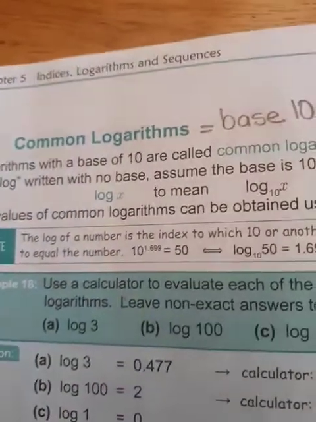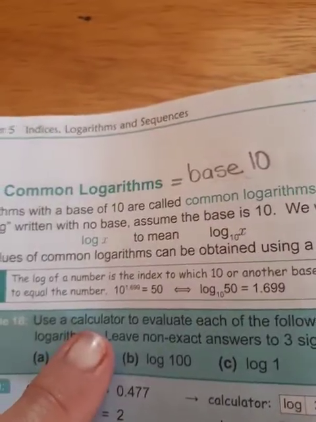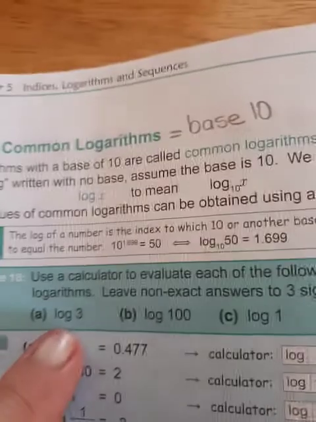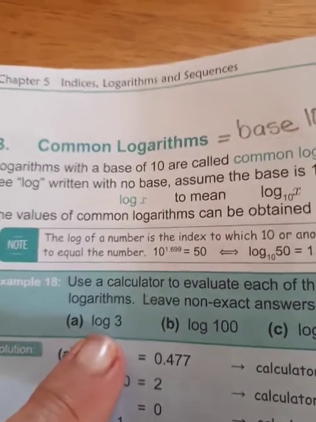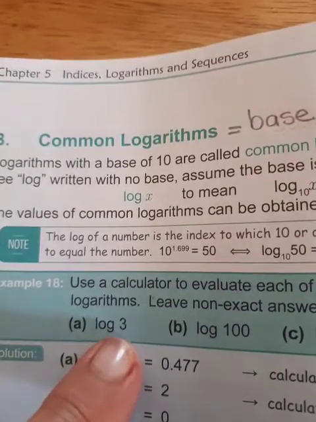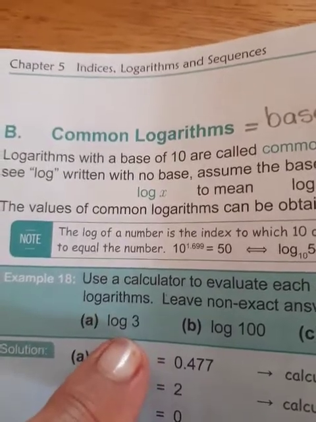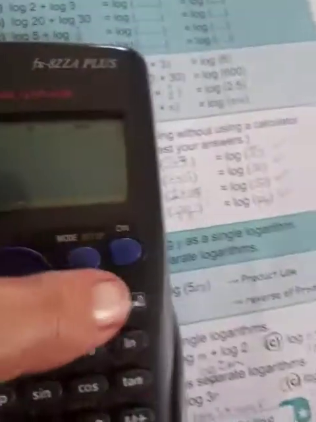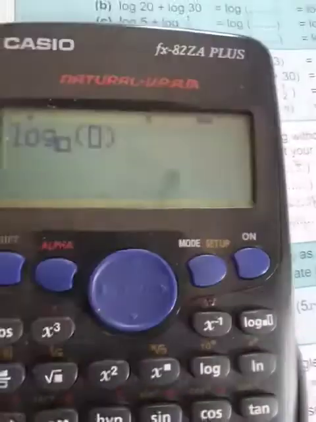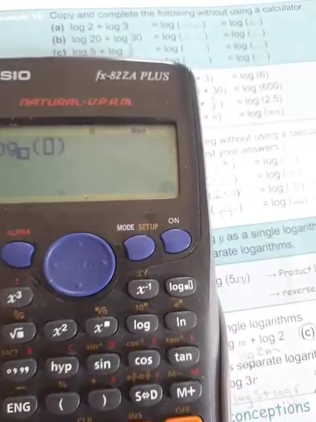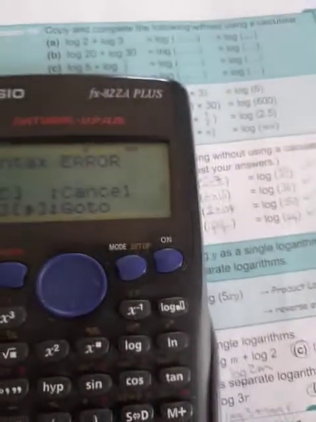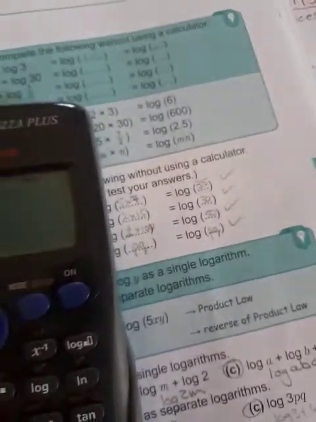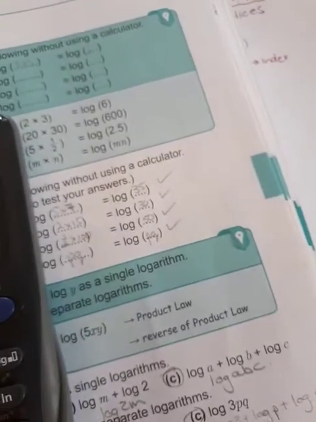And fortunately, that can be done on your calculator. So for instance, if you want to find out what is the log of 3 with base 10, then on your calculator, find the log key, press the log, press 3, and then enter. Sorry, I pressed the wrong key.